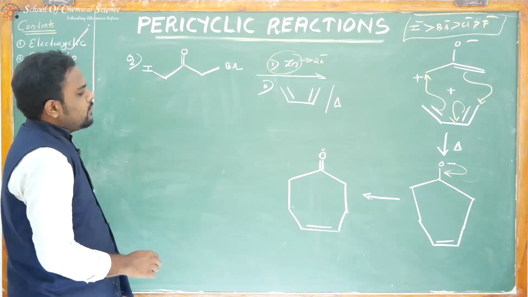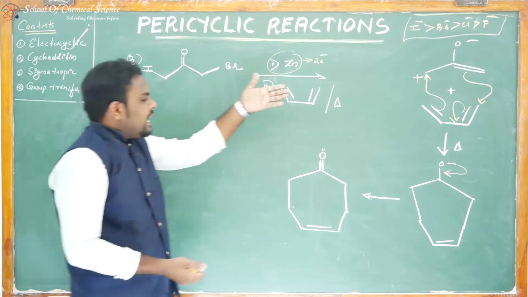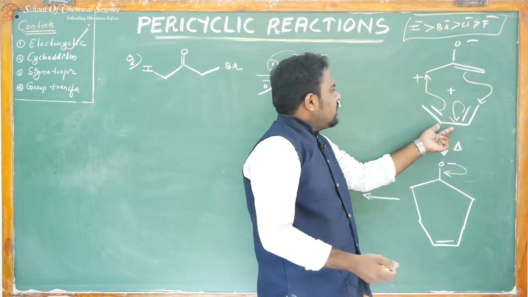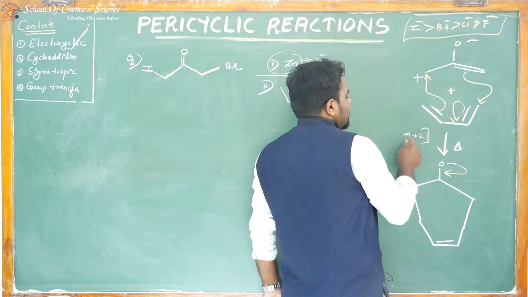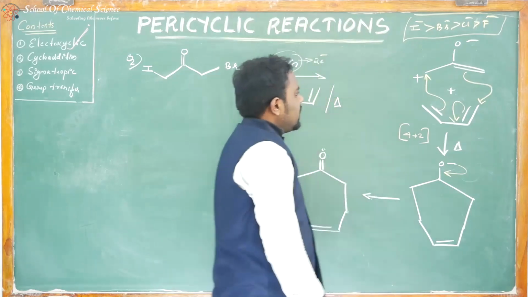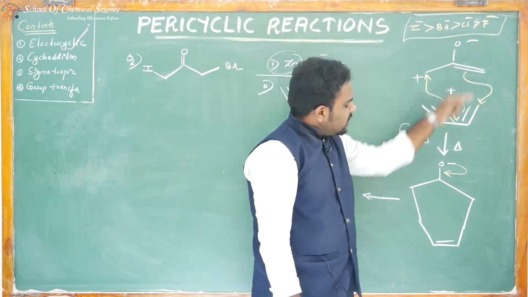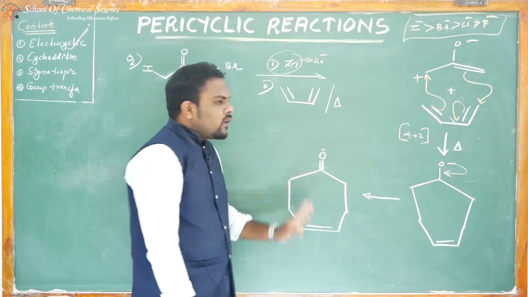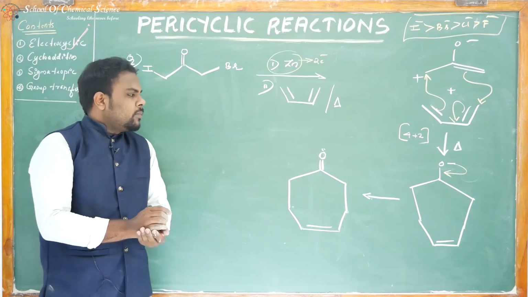Okay, clear? So this allyl cation with an O minus will undergo 4+2 cycloaddition reaction under thermal condition. So here a new sigma bond is formed, here a new sigma bond is formed, here a pi bond is there and an O minus. O minus will convert into double bond O, so that a carbonyl compound will be your product.